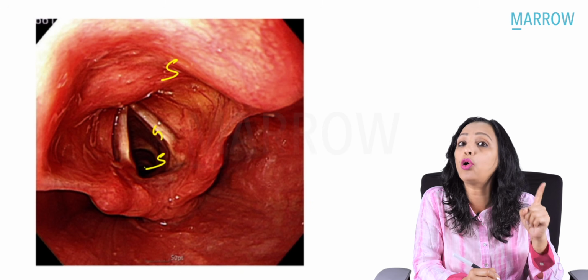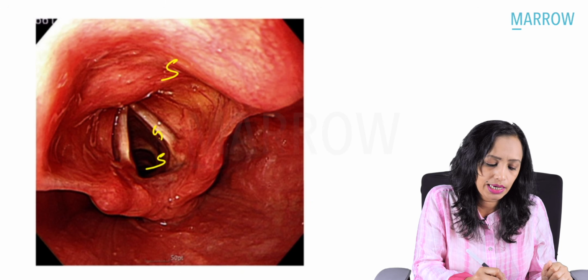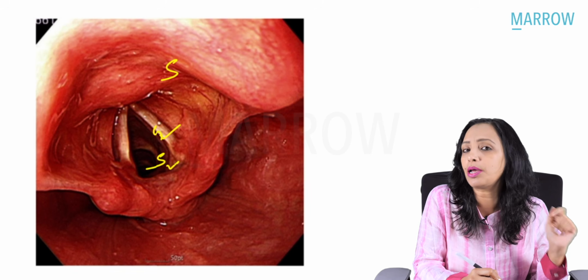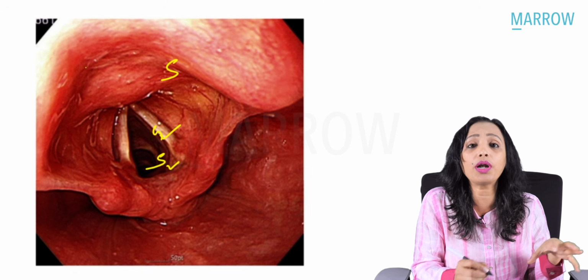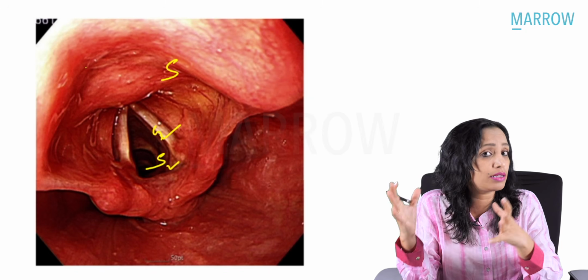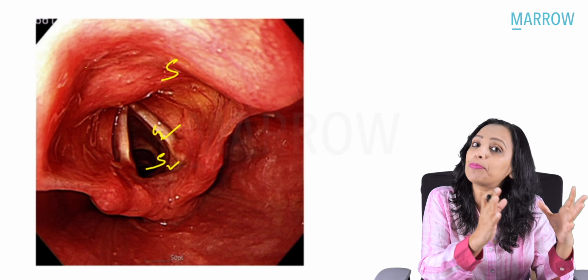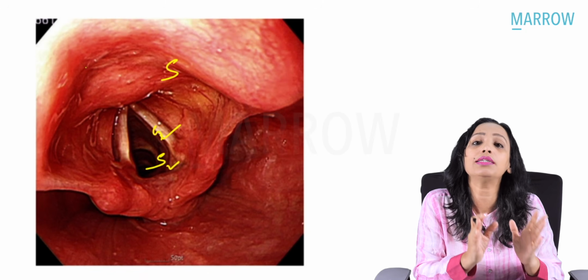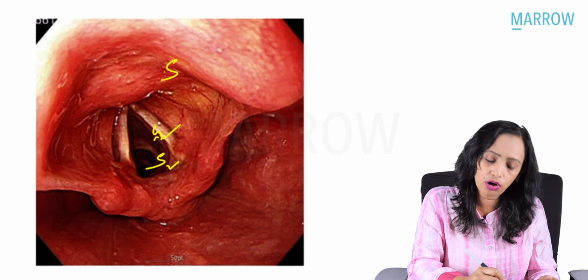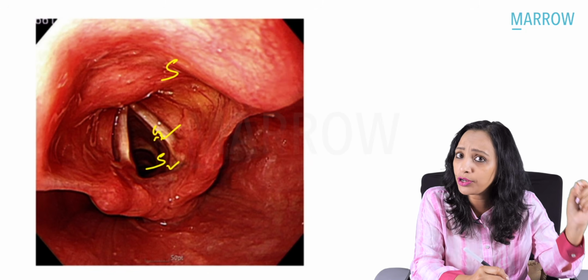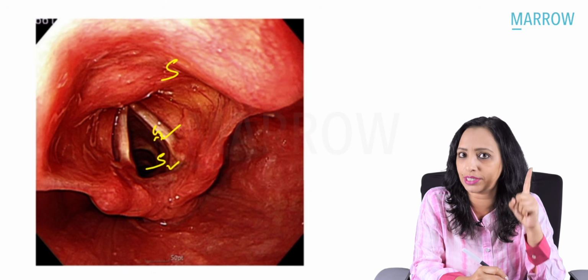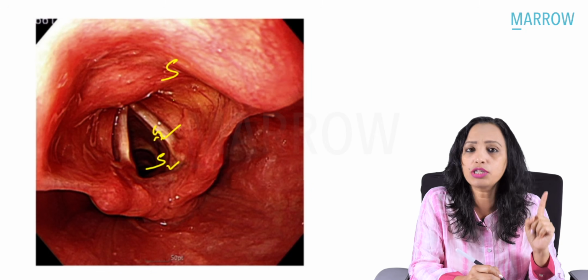So if it involves only one site, either only the glottis or only the subglottis, or in the supraglottis, where there are many subsites, only one subsite, that is T1.